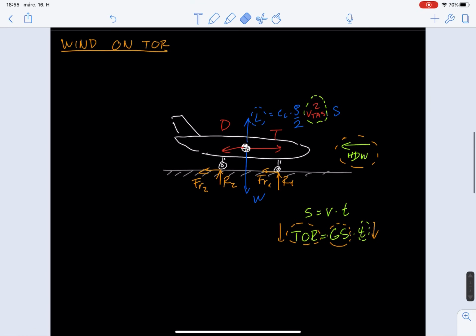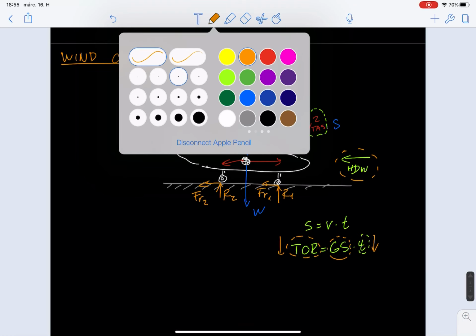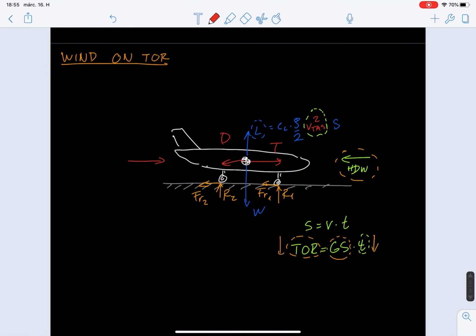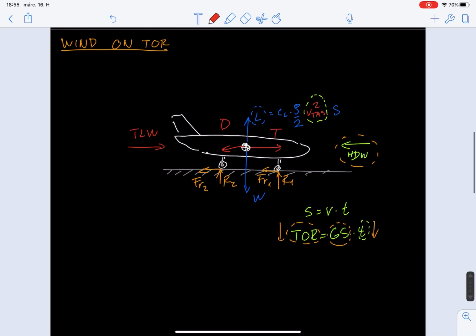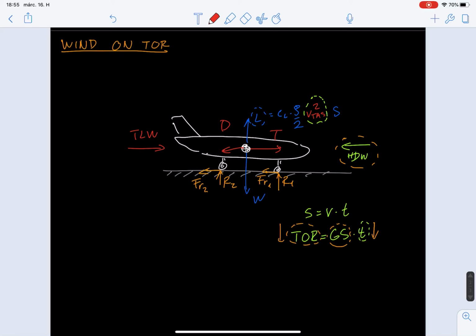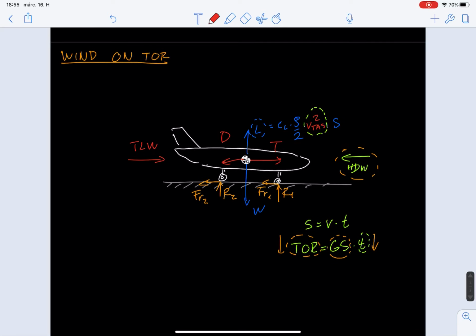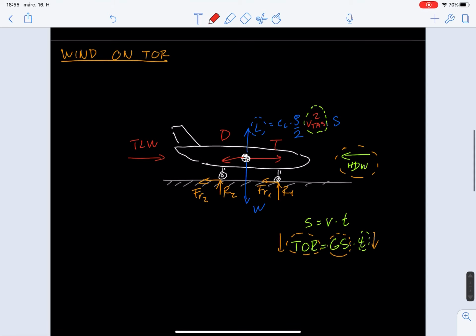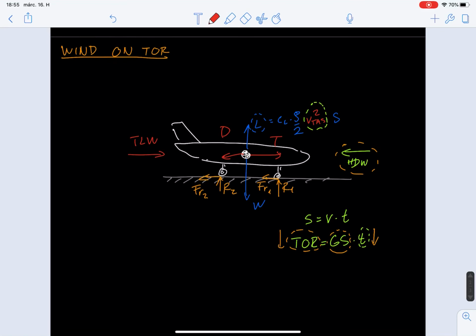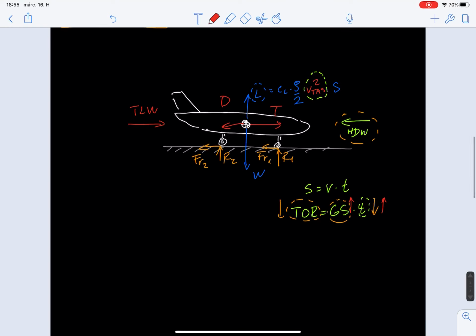Okay, and if you have the contrary, if you have a tailwind component, everything happens in the exact opposite way, right? So if you have a tailwind component, what happens is that you reach your true airspeed where you need to lift off at a higher ground speed, right? So if you reach your liftoff true airspeed at a later ground speed, your ground speed is going to increase, and the time it takes for you to reach this speed is going to increase.